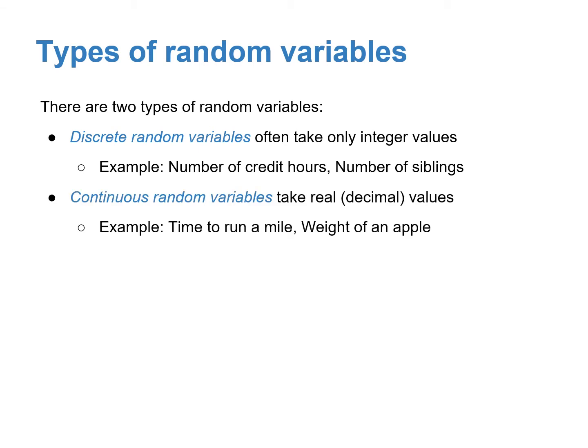Continuous random variables take real number or decimal values. For example, the time it takes to run a mile or the weight of an apple. So generally speaking, discrete random variables are things that we count, and continuous random variables are things that we measure.